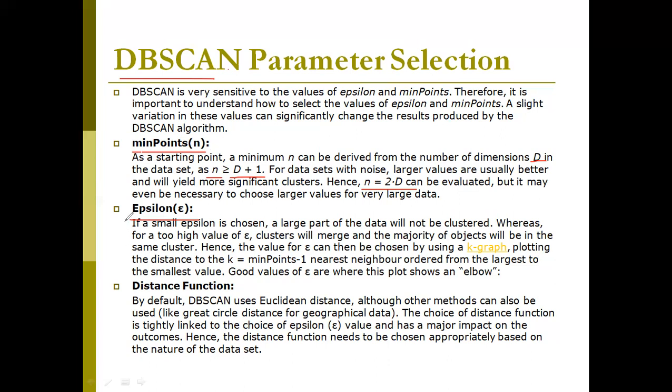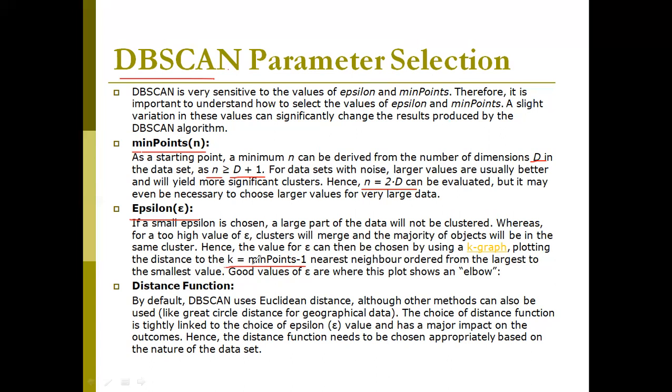Coming to the epsilon, this epsilon value is chosen based on the k graph. K graph means k equal to minimum points minus 1. What is the epsilon value? The epsilon value is based on k.